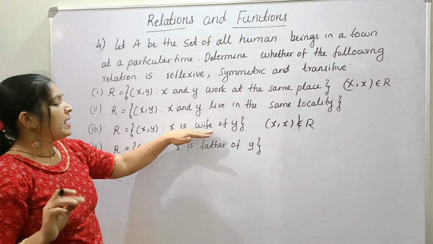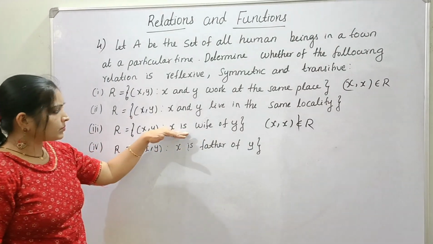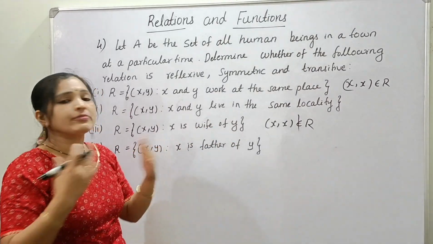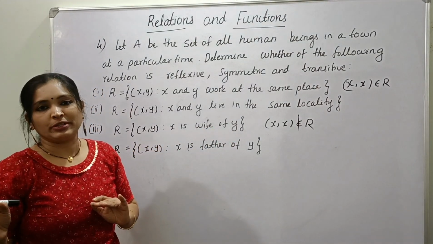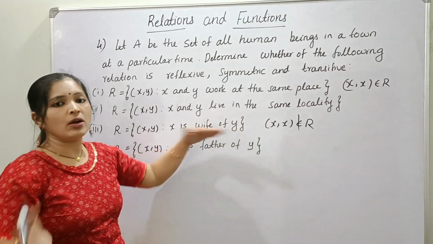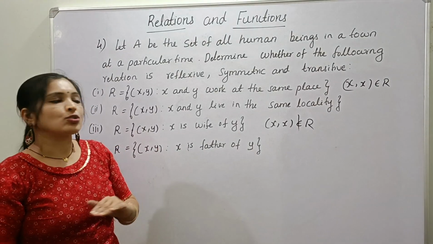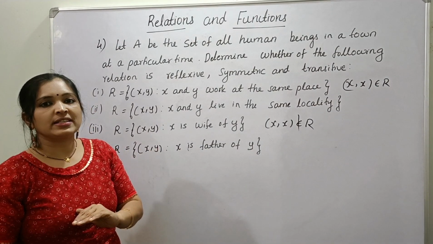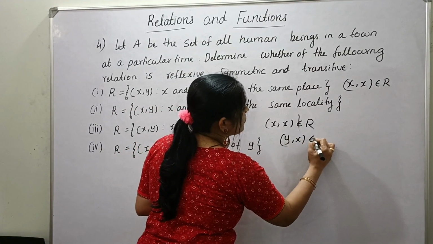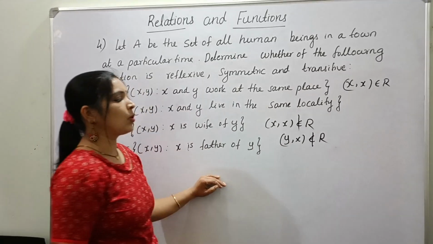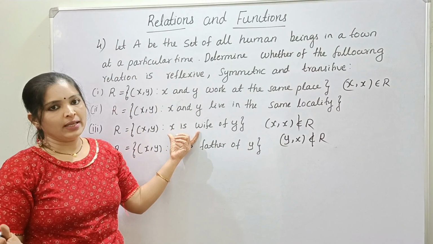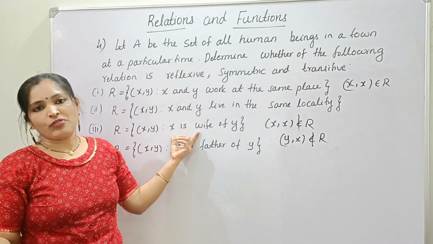Next, what about symmetric? Let us see. x is wife of y. Can we say y is wife of x? Not possible, right? y is husband of x. So yx does not belong to R. Because if x is wife of y, then y is not wife of x.